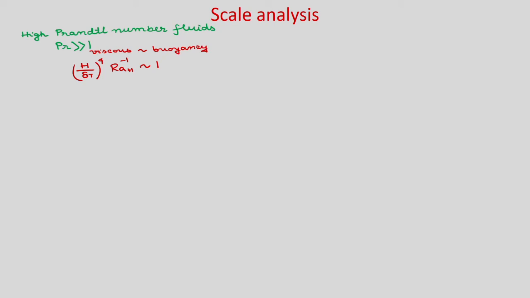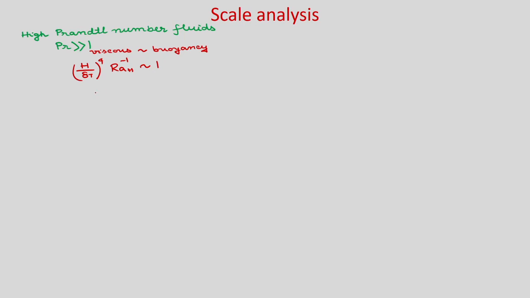So, the inertia term you can see you have 1 by Prandtl number, and Prandtl number is very high. So, that will be negligible compared to the viscous term, and for high Prandtl number fluids you can compare the viscous force with the buoyancy force. So, that we are doing. So, with this now you can find what is delta t. So, delta t will be order of h, Rayleigh number to the power minus 1 by 4.